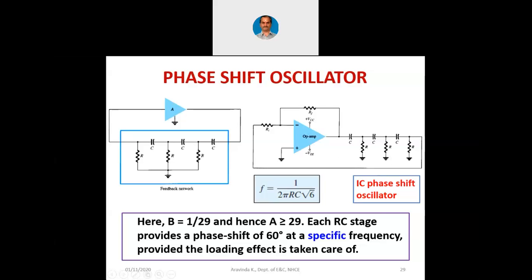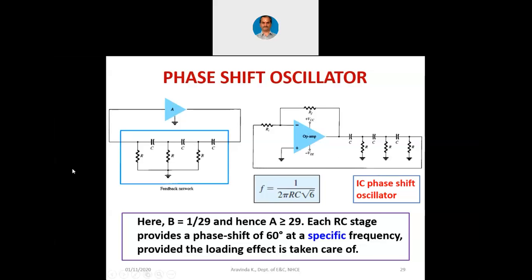The other frequencies will not get amplified at all, so they remain at their minimum amplitude inside the amplifier. Even afterwards, these noise frequencies will remain inside the transistor, but they will not be of a predominant amplitude because they have not got amplified as such. So that is how this phase shift oscillator is working.